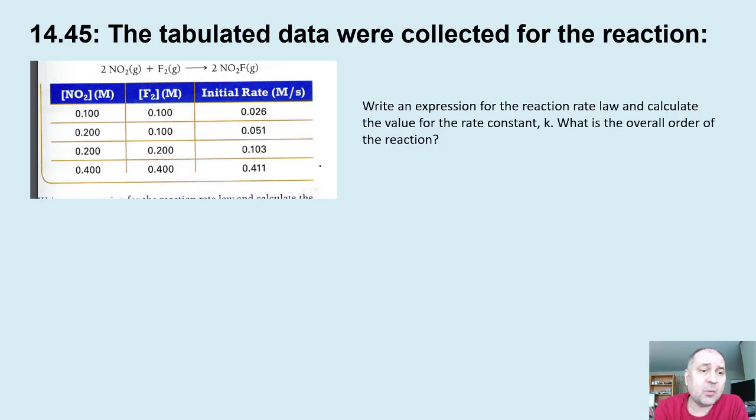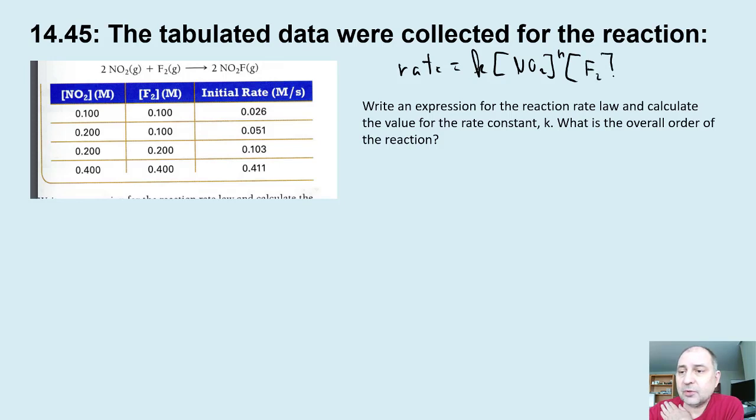So we know we have two reactants here, and the rate will be equal to some sort of K times the concentration of NO2 to some power n times the concentration of F2 to some power m. And so again, we go from the first to the second.